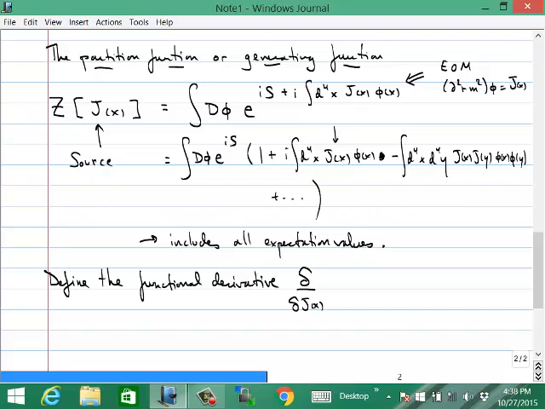If you have something that depends on J at a particular point y, then we declare that the derivative of J of y with respect to J of x is a delta function that sets x equal to y.